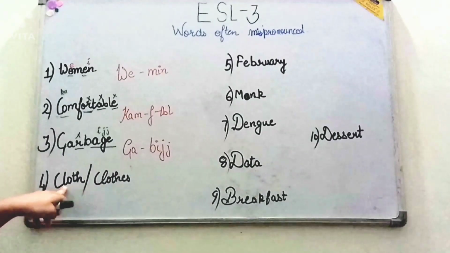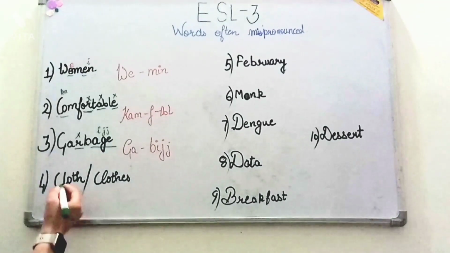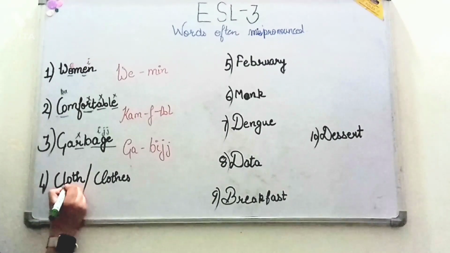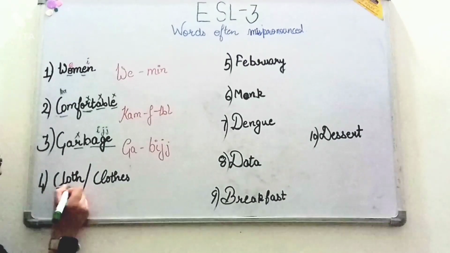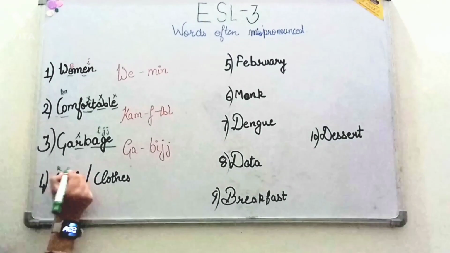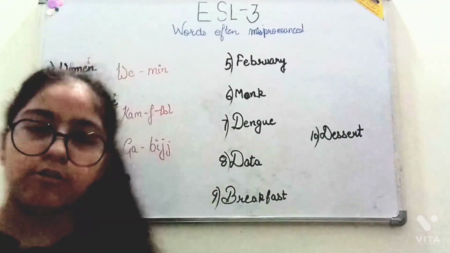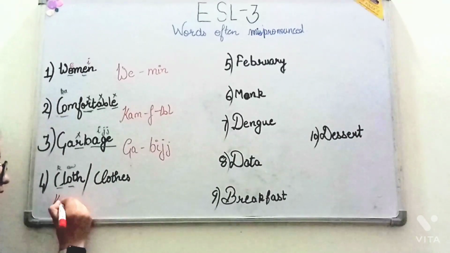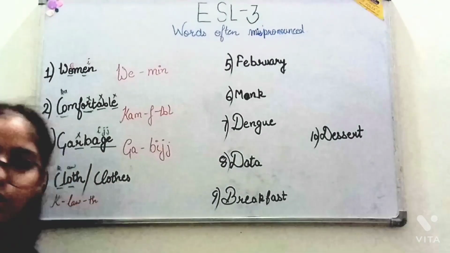Then move on to the 4th one. Here we call it cloth, which is not correct. Instead of C and instead of O, we are going to use other letters. It is K, and instead of O, we are going to use A-W. So it will be cloth. So K, the rest is law plus th. So it's cloth.